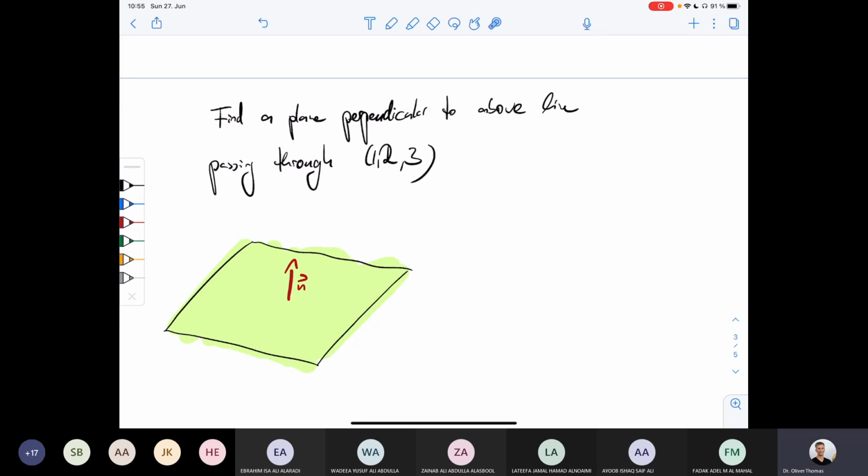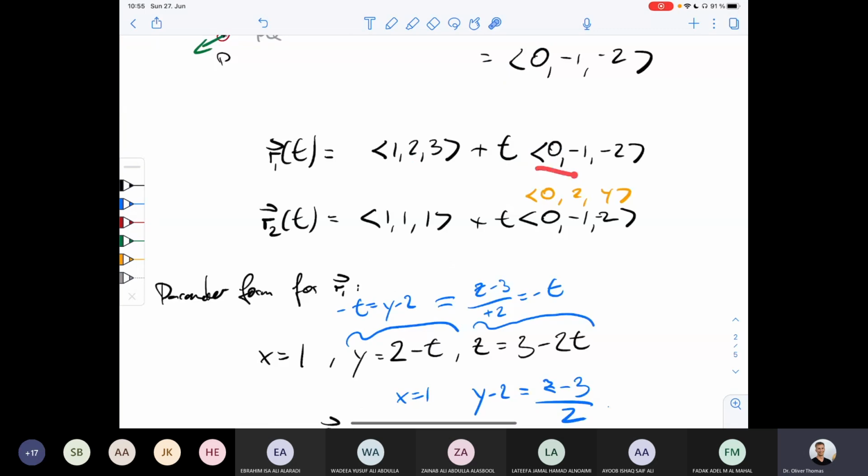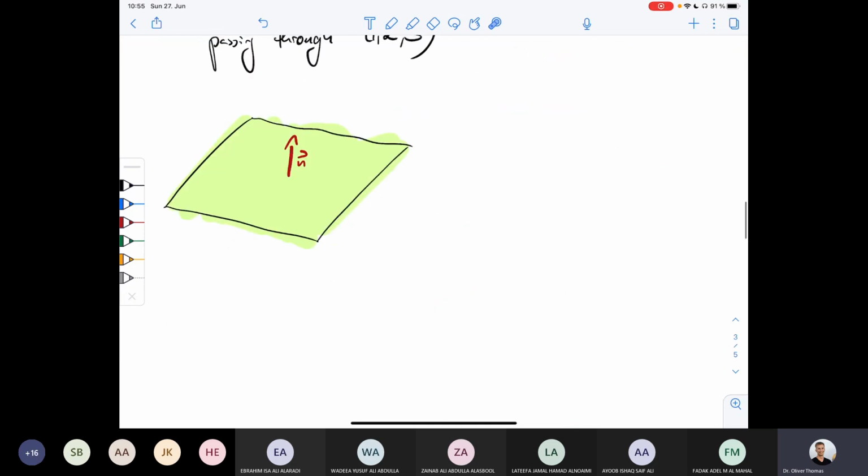Now, the task is find a plane perpendicular to above line. And above line already had a direction vector, and we can choose many different ones, but let's use minus this one, because then we don't have too many minus signs. So let's use (0, 1, 2) as a normal vector.